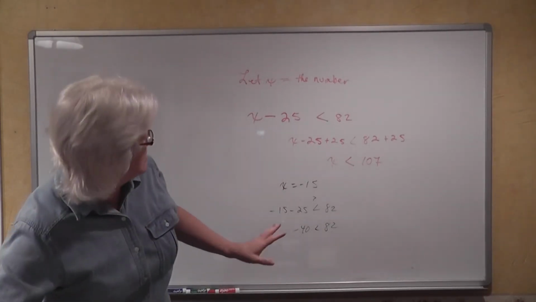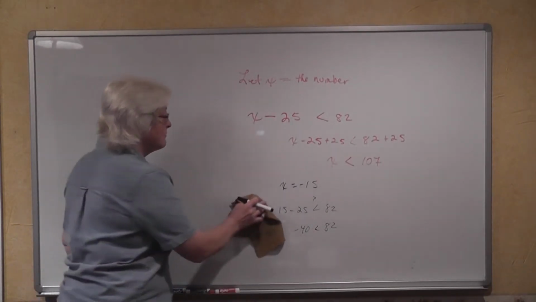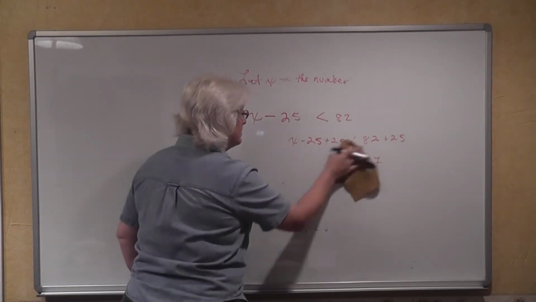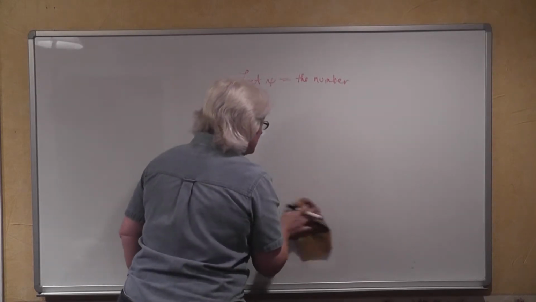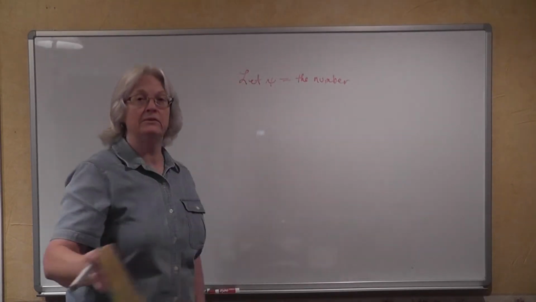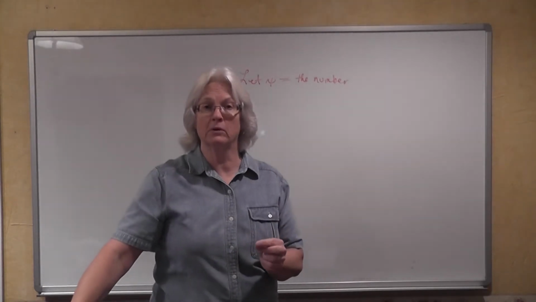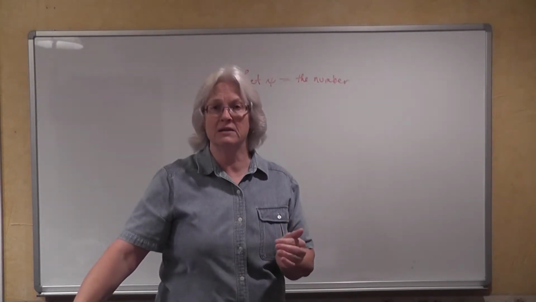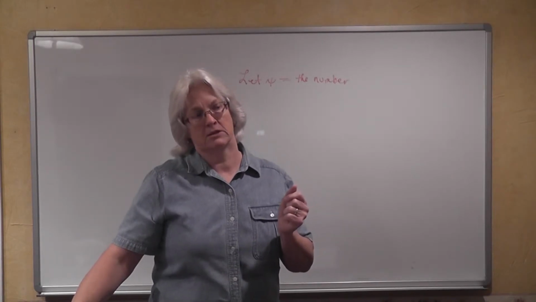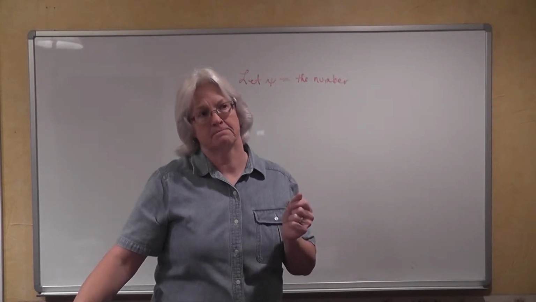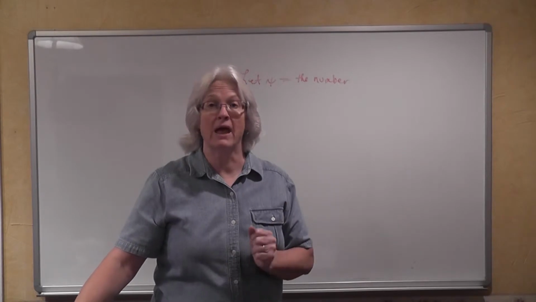What if, instead of saying that the difference of a number and 25 is less than 82, we said the difference of a number and 25 is, let me see, at least 82.